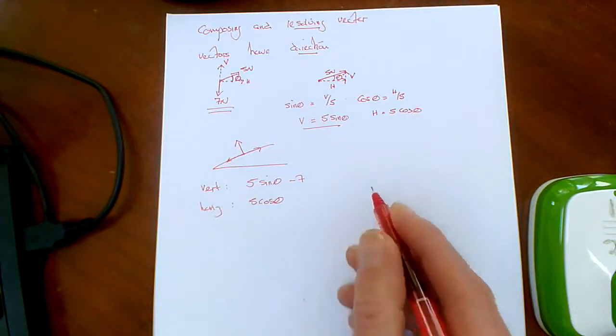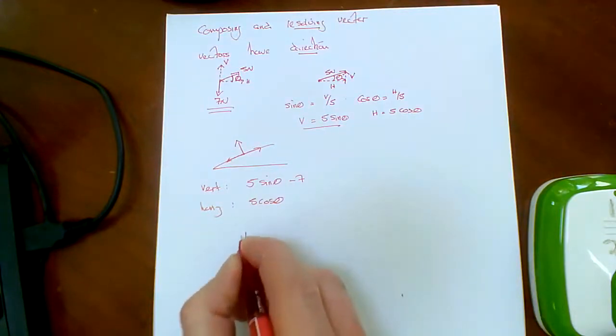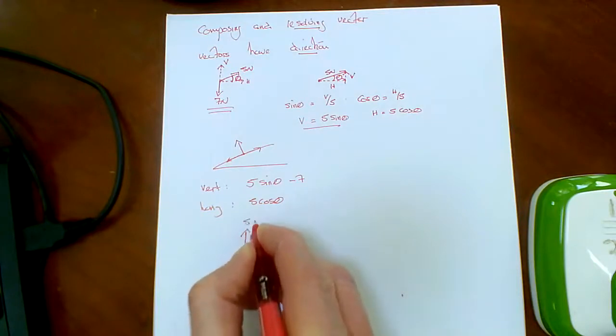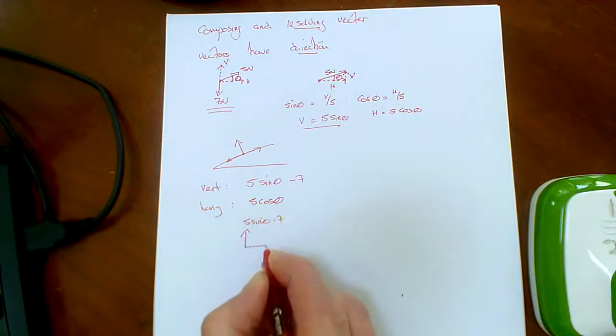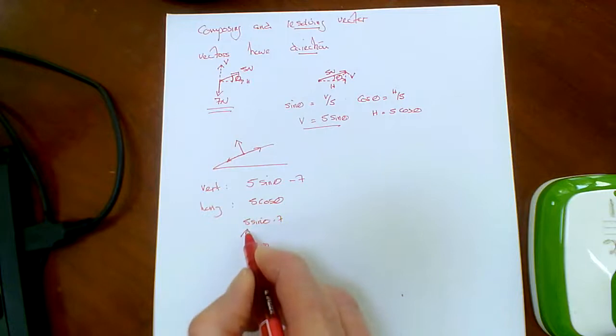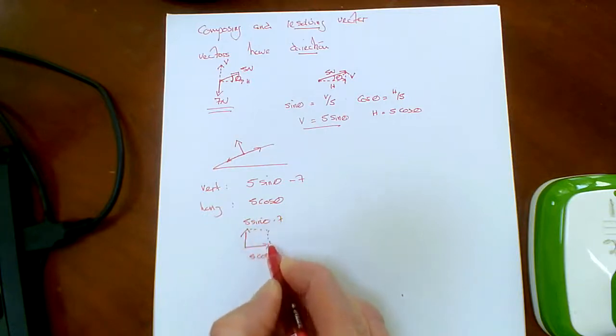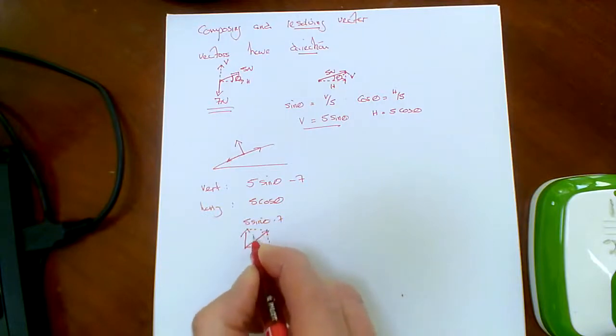So then you can say, I've got 5 sine theta minus 7 that way, and I've got 5 cos theta that way, and the resultant of those two, by composing those together, is in there.